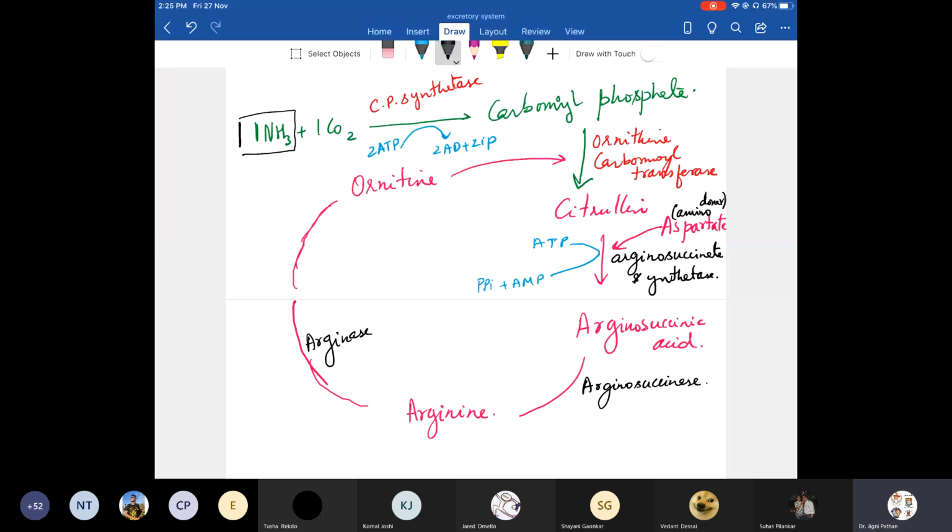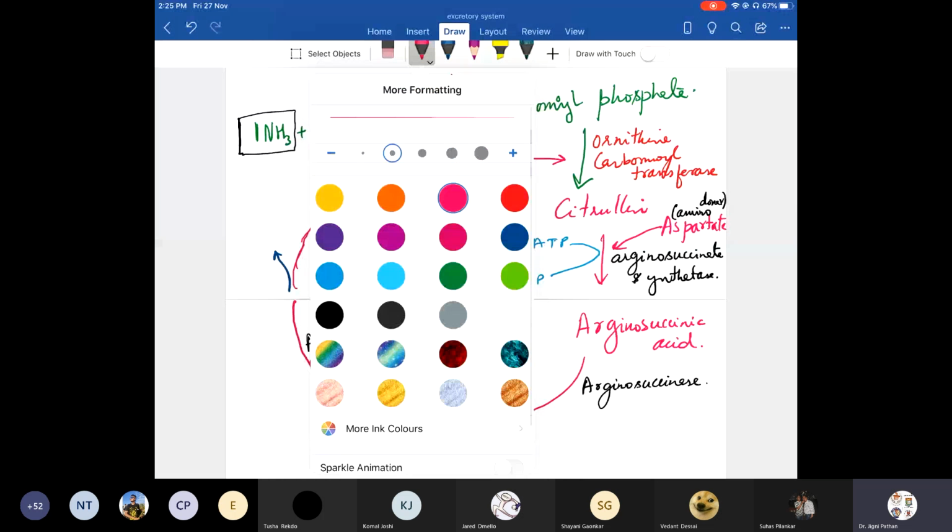You get ornithine and urea. Ornithine, done with the same color. This is urea.